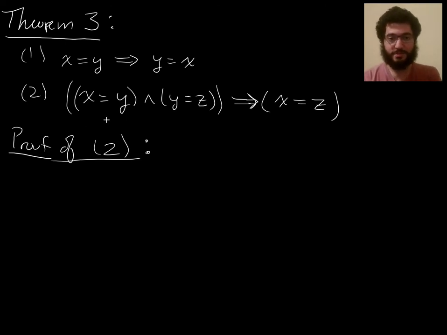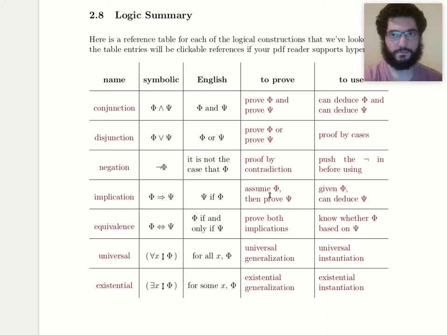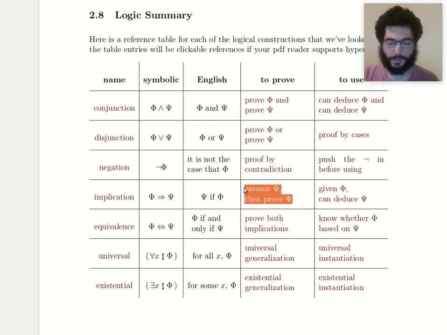Okay, so my goal is to prove this implication. This is an implication, so I should assume the left side and then try to prove the right side. All of this stuff that we learned about in the logic section using placeholders for propositions is stuff that we can still use and we should be still using. So how should I prove an implication? Assume the hypothesis and then try to prove the conclusion.